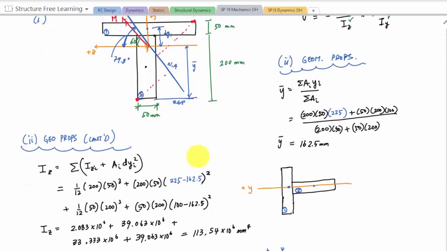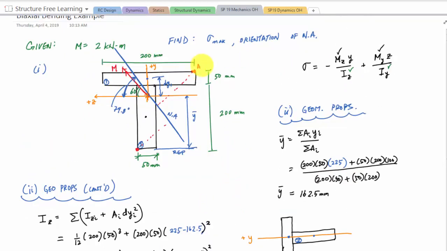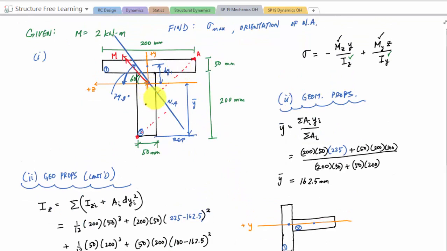Let's call this point A. The coordinates of point A: the Y coordinate would be, Y bar was 162.5, so this distance is 250 minus 162.5, which is 87.5, and then this distance is 100. So the YZ coordinate would be 87.5 comma 100.